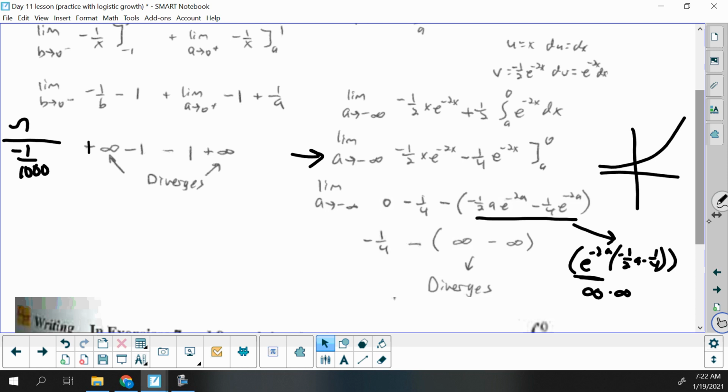And then the parentheses part, -1/2 times a negative huge number will give you a positive huge number. -1/4 is still a positive huge number. So that's a huge times a huge. That's got to be a huge. But then it's getting subtracted. So this is like -1/4 minus infinity. Even if you had thought of it this way, anytime there's infinities in there, it's automatically a divergence.